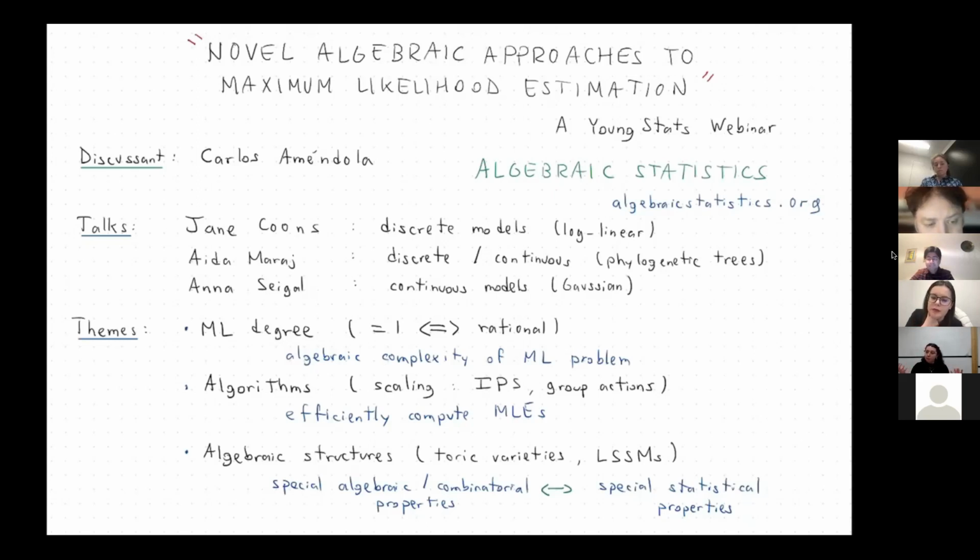You can have the same log linear model with two different parametrizations of it. And for one of those, it never gives you the exact rational function. And for the other parametrization, in finitely many steps, it gives you exactly the rational function. So that's an interesting question, I think, about which parametrizations of log linear models are the most friendly for IPS.